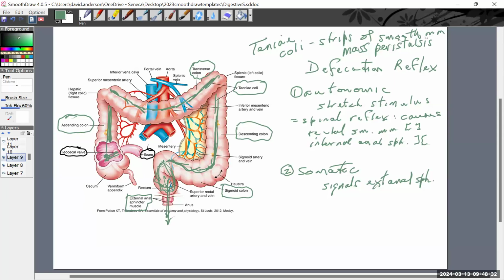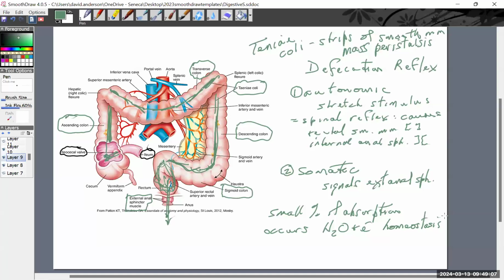Remember, I mentioned about 90% of the absorption occurs in the jejunum, but a small percentage of absorption occurs here in the large intestine, mostly of water and electrolytes in the interest of balancing out homeostasis.